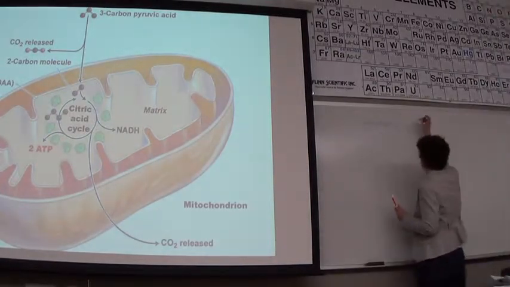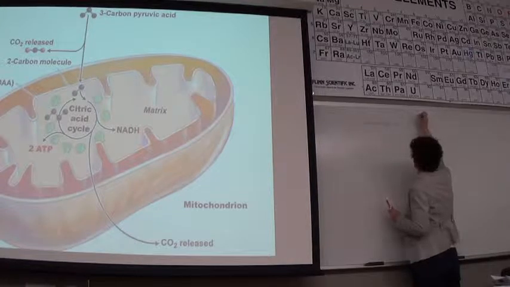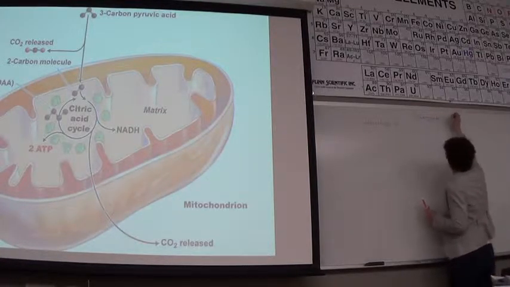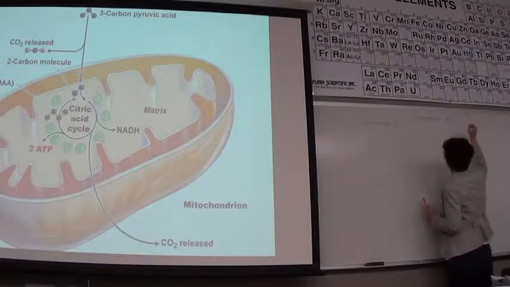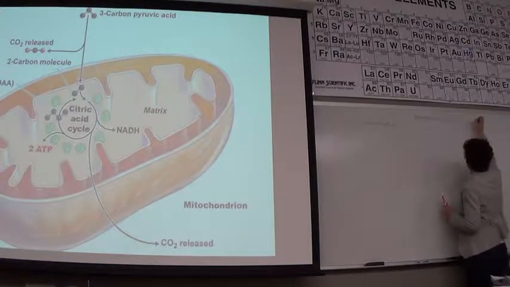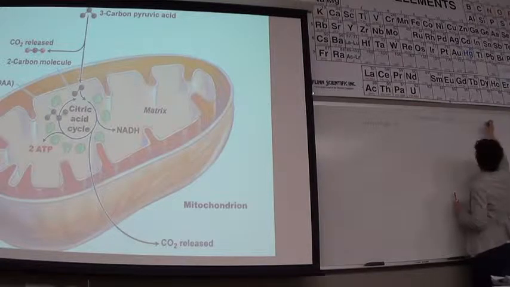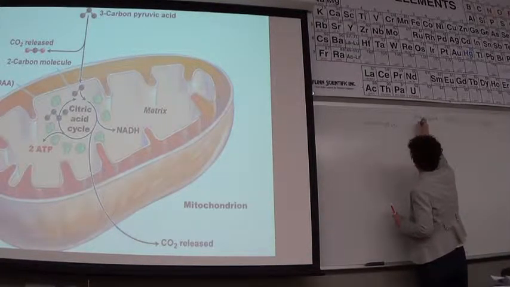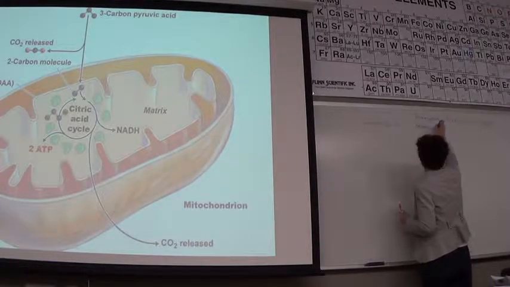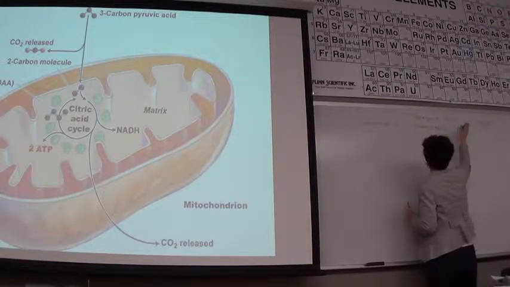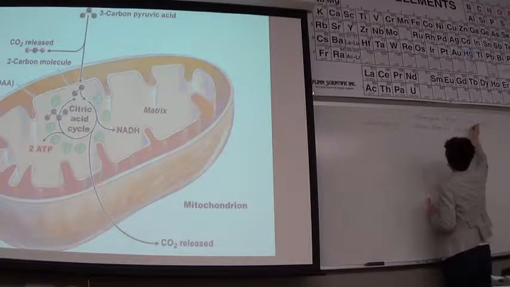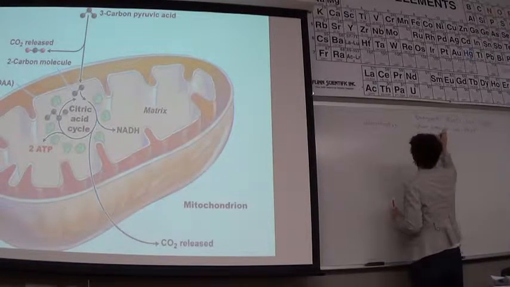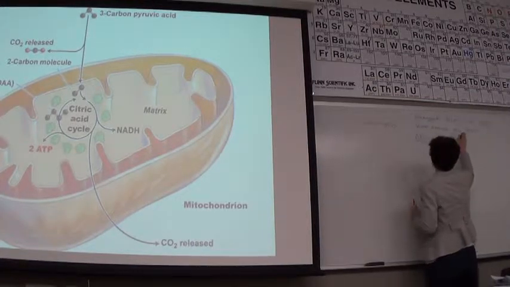So with glycolysis, we transport hydrogen with our NAD coenzyme. We store energy as ATP, but no carbon dioxide formation.